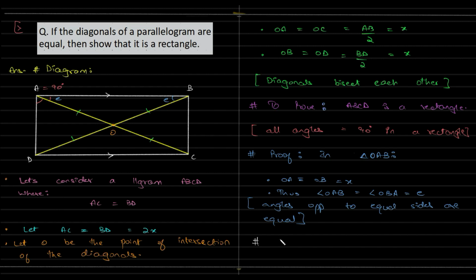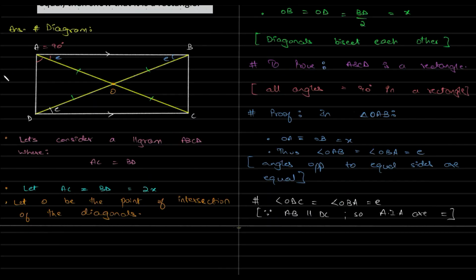Now next thing, angle ODC is equal to angle OBA, which will be equal to E. So this too is E. Why? Reason being AB is parallel to DC, so alternate interior angles are equal. Okay.